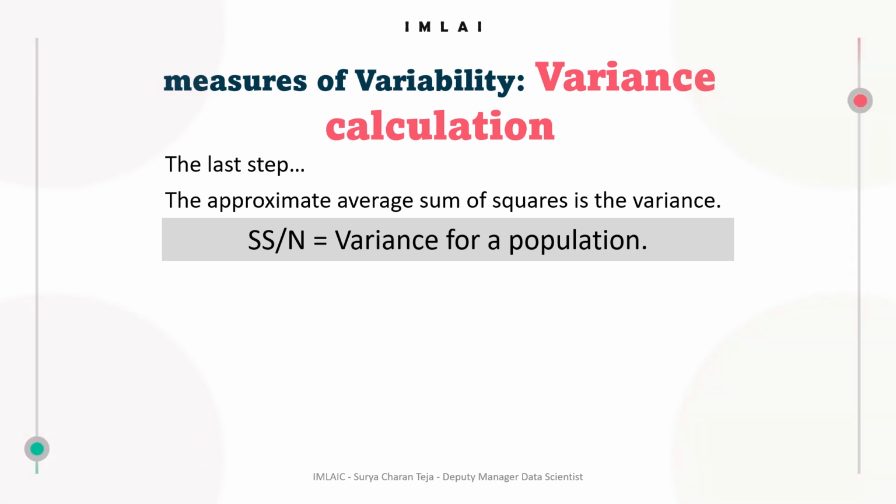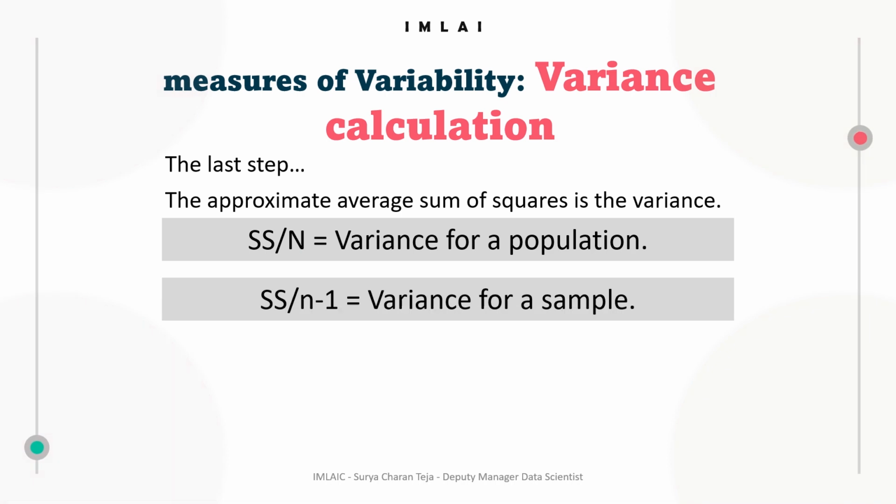Now there are two types of variance: variance for a population and variance for a sample. Variance for a population is pretty simple: sum of squares divided by the number of records, or observations, of that population. That is sum of squares divided by N. But variance for a sample is slightly different. You have to divide the sum of squares by the number of records minus 1, that's n minus 1.